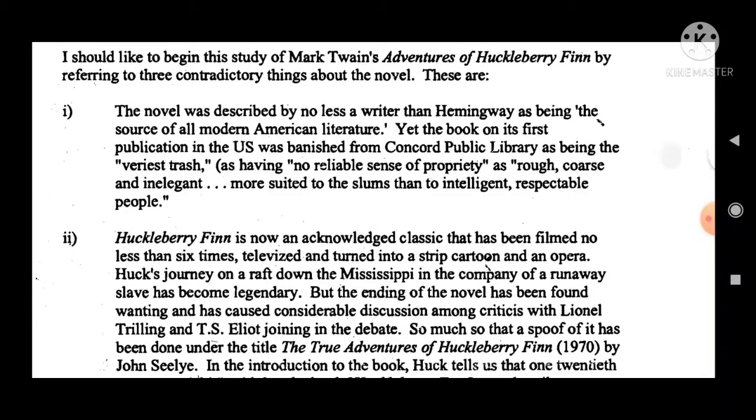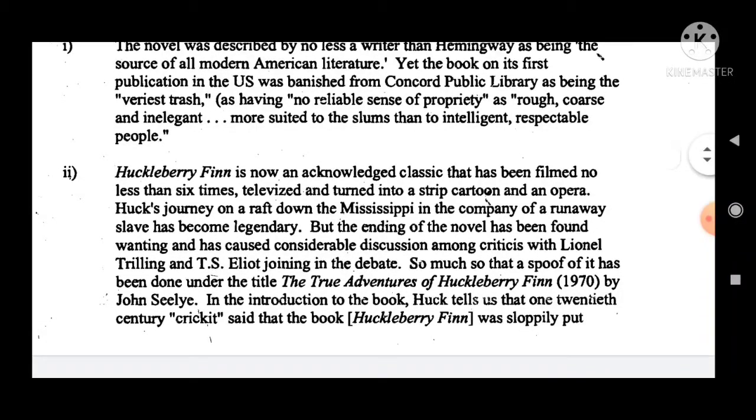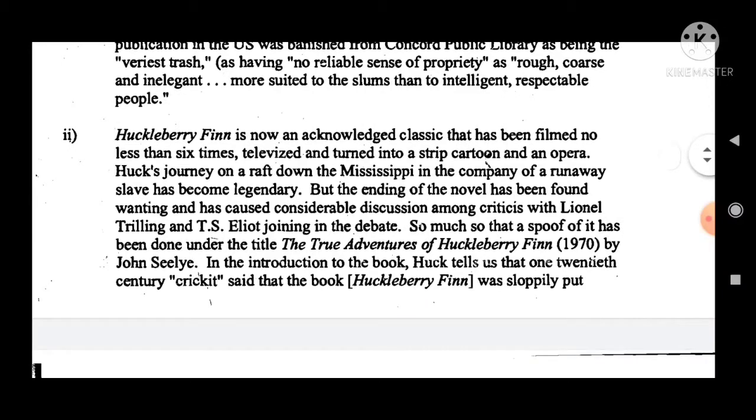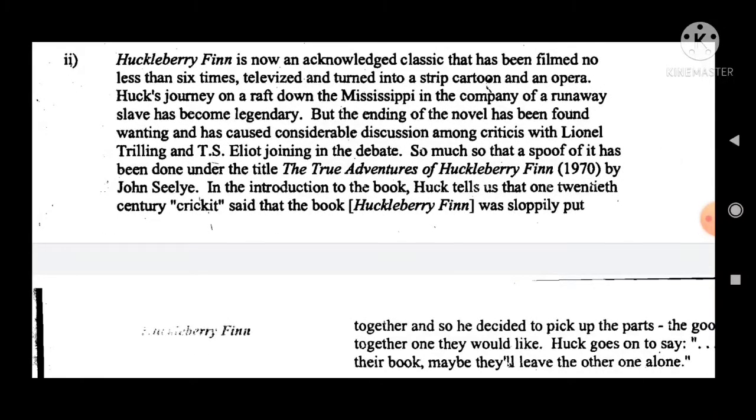Yet the book on its first publication in the US was banished from Concord Public Library as being the veriest trash, as having no reliable sense of propriety, as rough, coarse and inelegant, more suited to the slums than to intelligent, respectable people. Then Huckleberry Finn is now an acknowledged classic that has been filmed no less than 6 times.